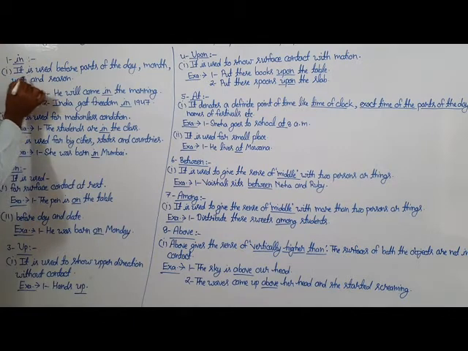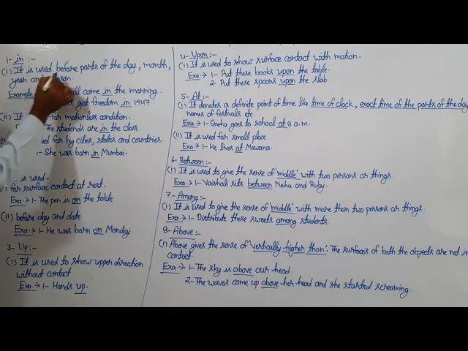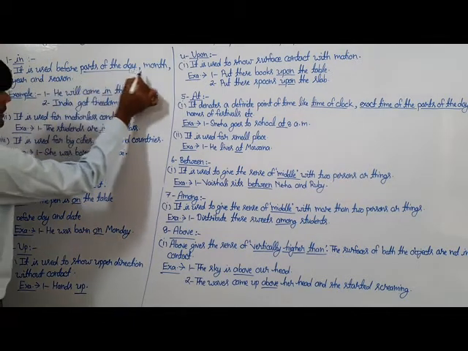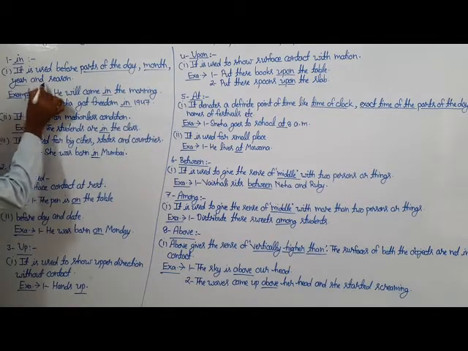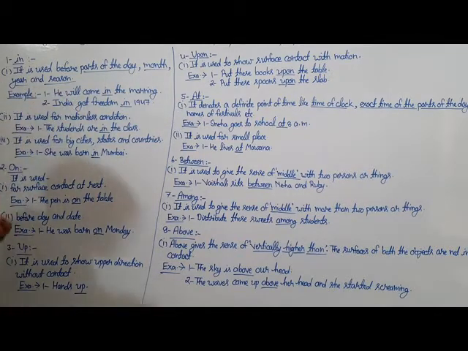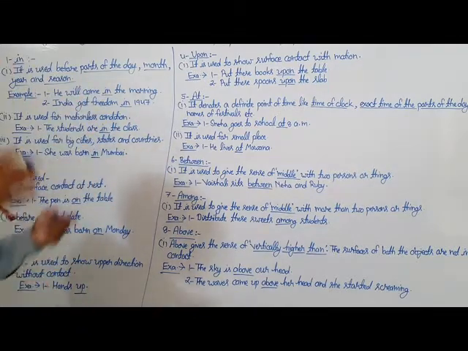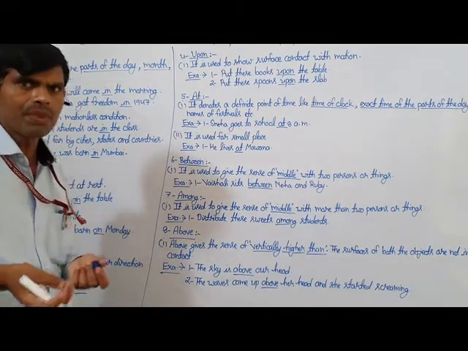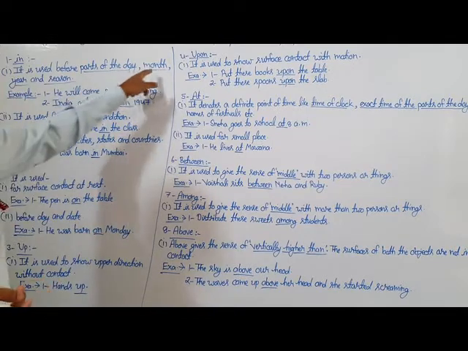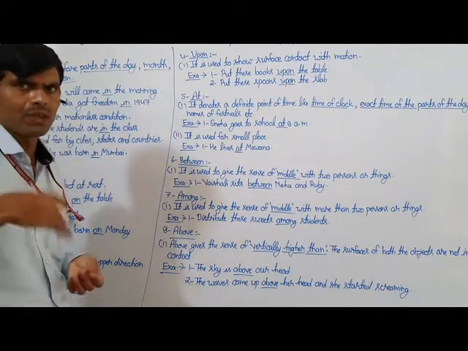The first use of "in" is that it is used before the parts of the day, month, year and season. In is used before the parts of the day, such as in the morning, in the afternoon. Month, such as January, February, March.